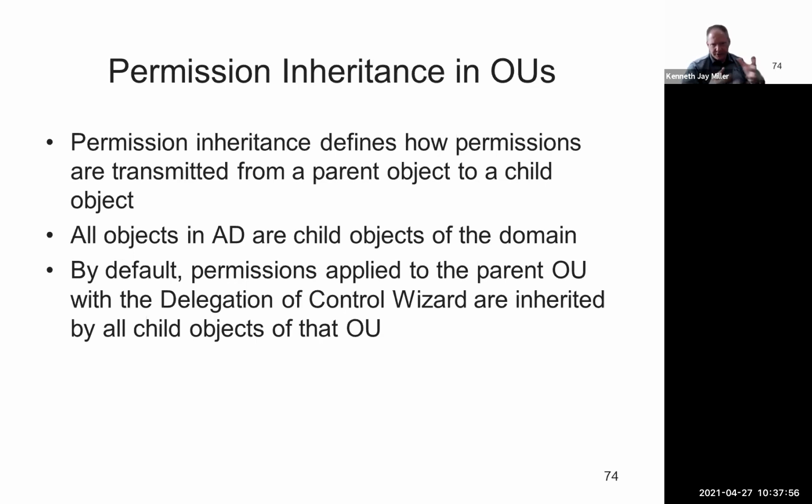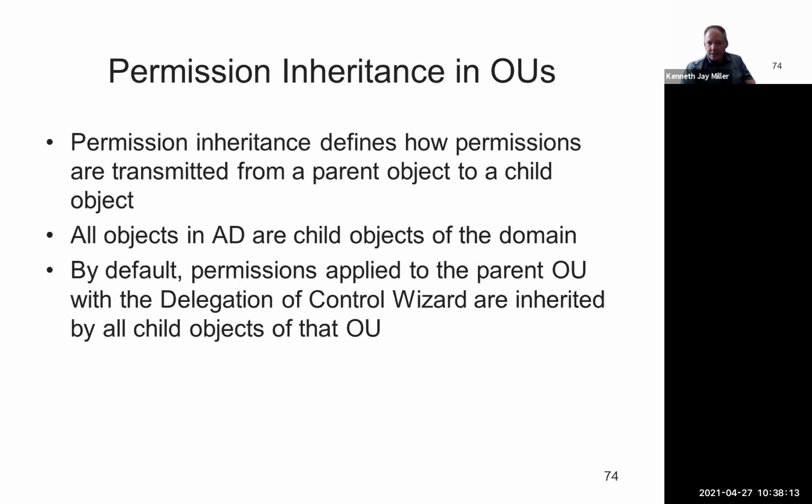Nobody gets to choose that. You get half from your mom and half from your dad, and that's the way it goes. The children of our permissions get it from the object above them, the parent object.